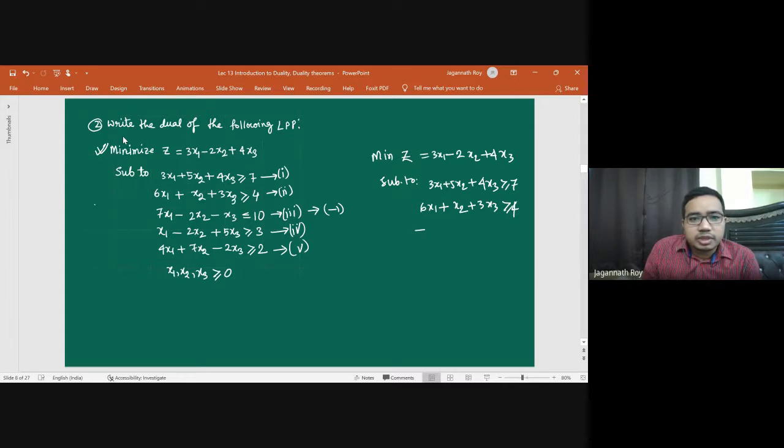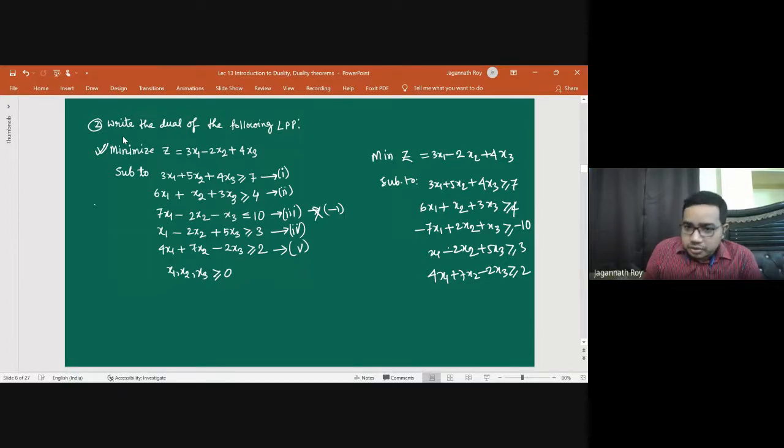We will multiply by -1. So this is -7x1 plus 2x2 plus x3 greater than or equal to -10, and then 2x2 plus 5x3 greater than or equal to 3. And the next step is to write the last constraint: x1 plus 7x2 minus 2x3 greater than or equal to 2.